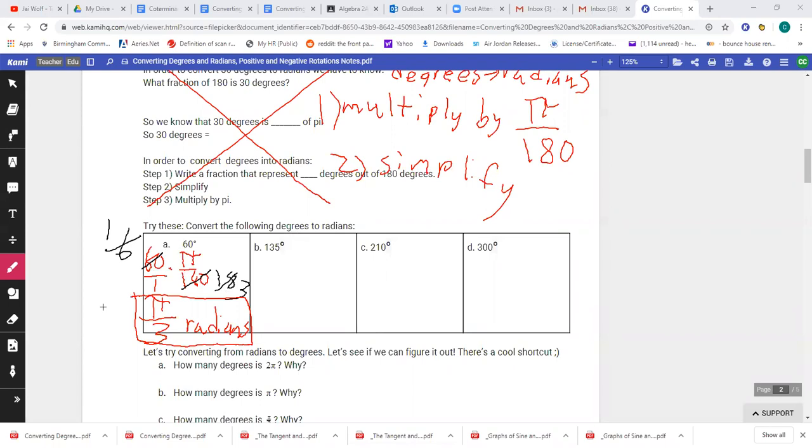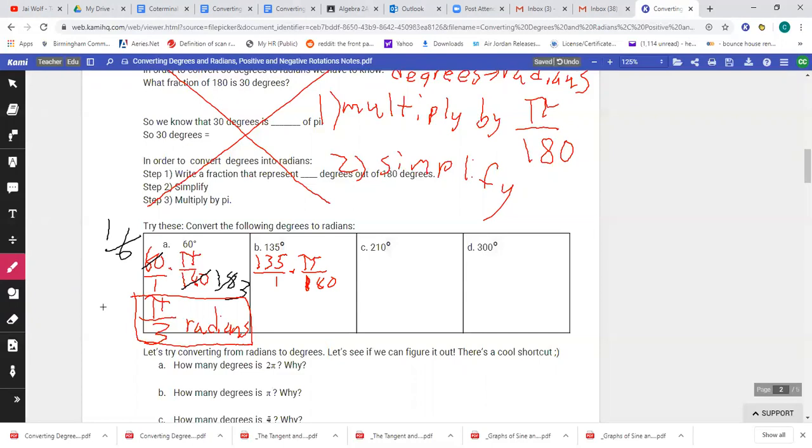So how does that work? I'm going to show you again here. I do 135 and I multiply by pi over 180. I could just put a 1 under the 135. Now I just simplify this.